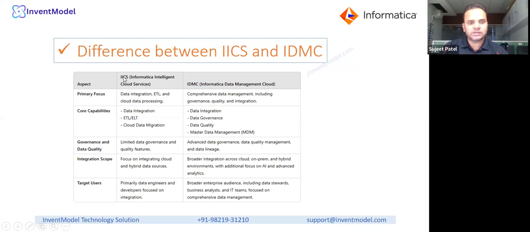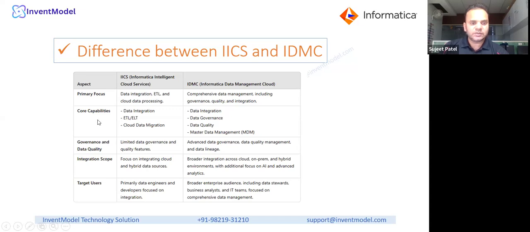So that is termed as IICS. And with IDMC, we can do comprehensive data management like MDM work, including governance. We can do cloud data governance work, cloud data quality work. So basically this is mostly for data management, data quality and data governance work. And IICS is mostly for ETL and data integration work.